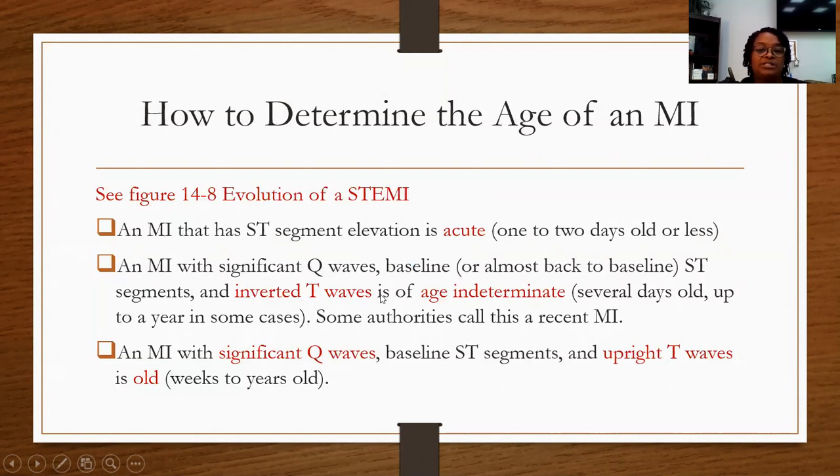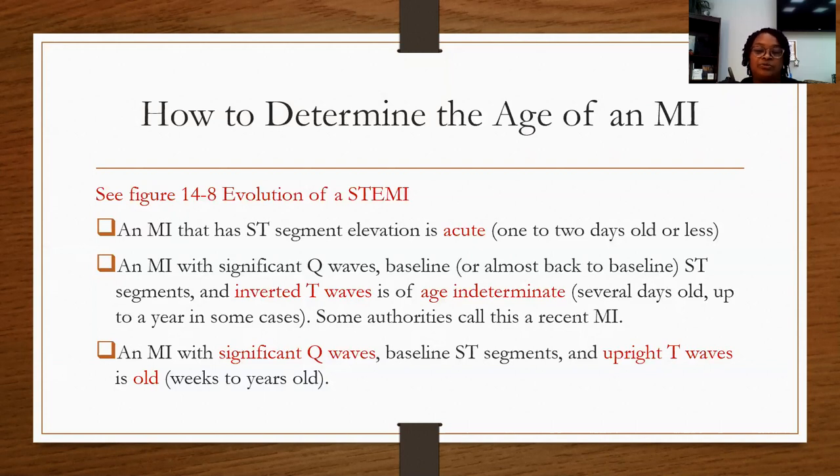An MI with a significant Q wave, your ST segments almost back to the normal baseline, and an inverted T wave is said to be age indeterminate, meaning it could have occurred several days ago up to even a year ago.